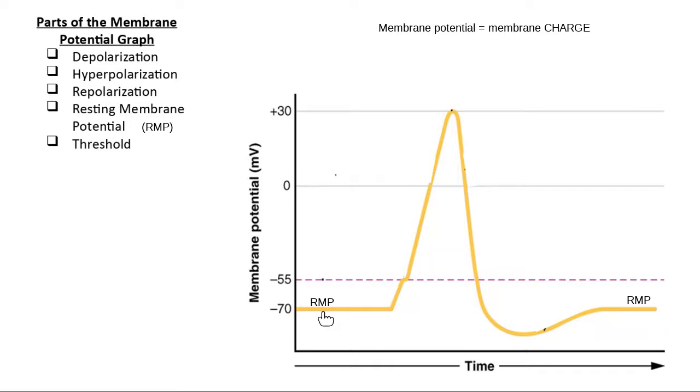When it hears a message, if it decides that that message means it should talk to its neighbor, what's the charge on its membrane when it decides to talk to its neighbor? Where on this graph does a neuron talk to its neighbor?